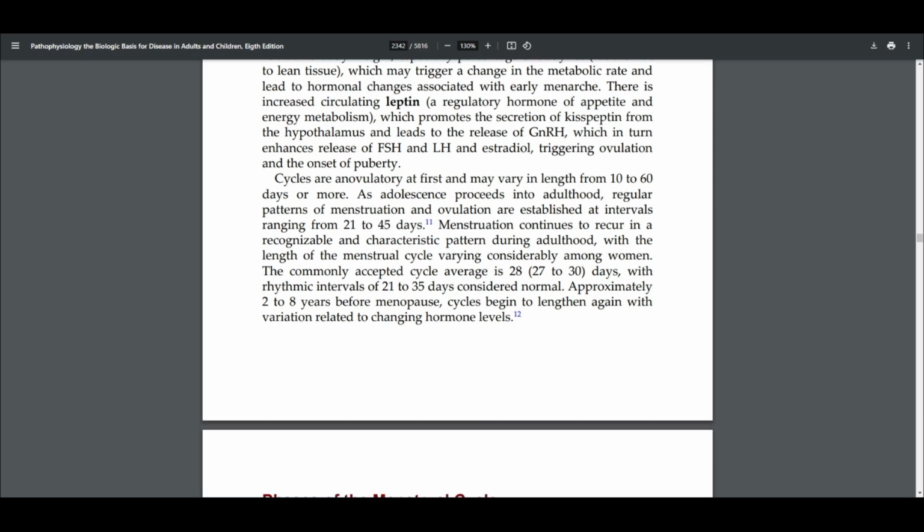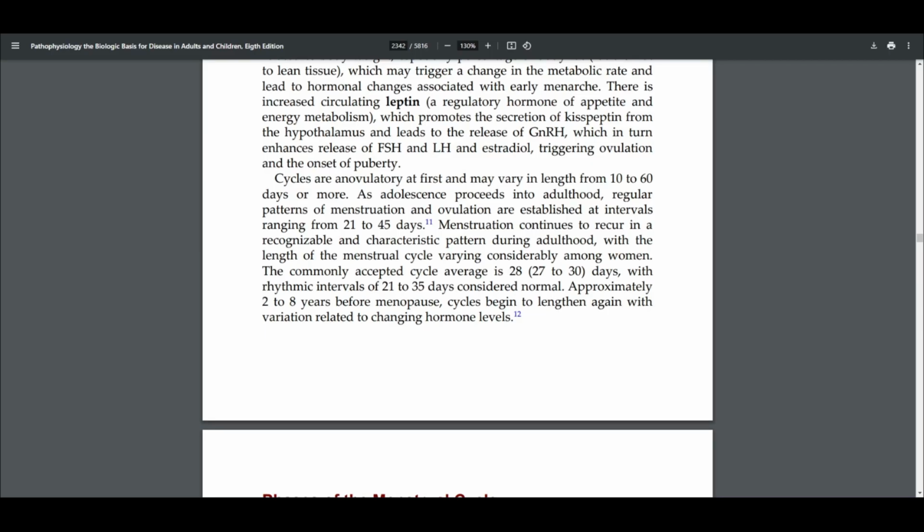Cycles are anovulatory at first and may vary in length from 10 to 60 days or more. As adolescents proceed into adulthood, regular patterns of maturation and ovulation are established at intervals ranging from 21 to 45 days.